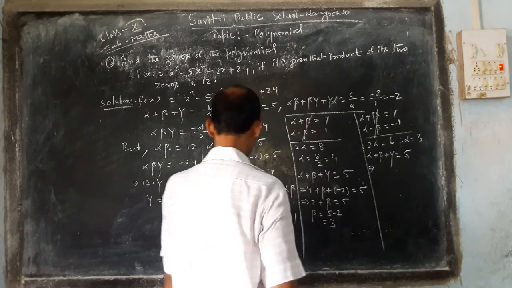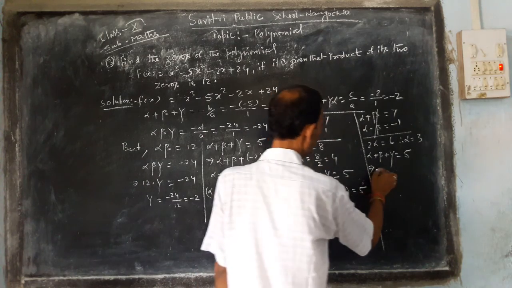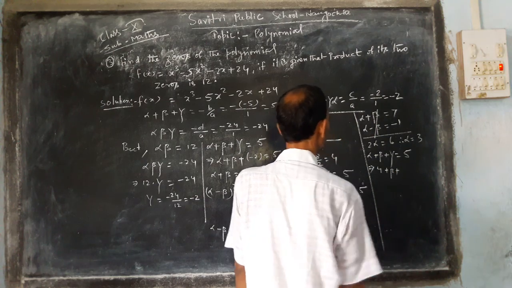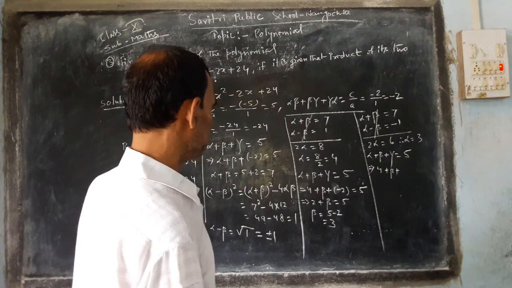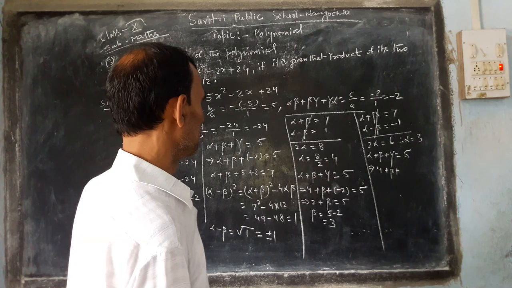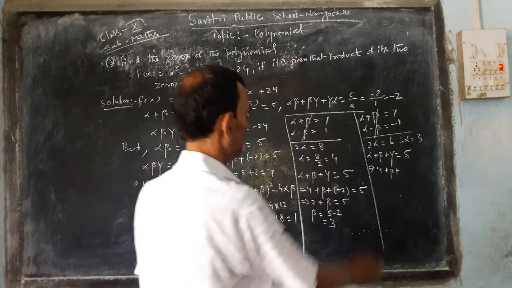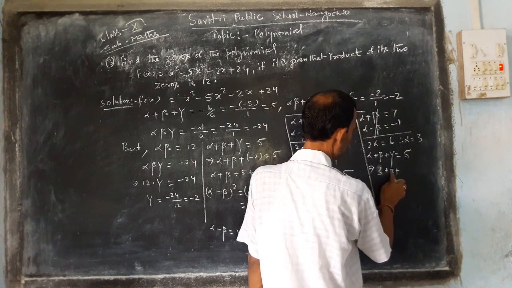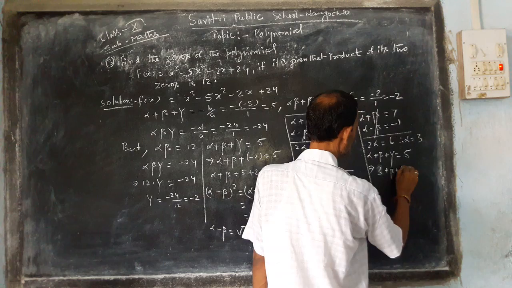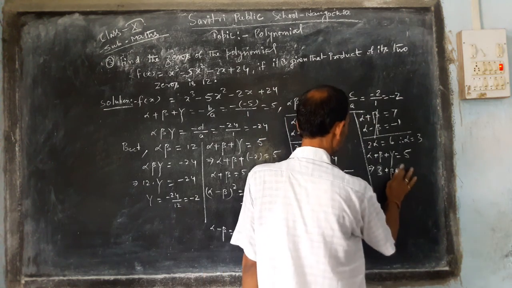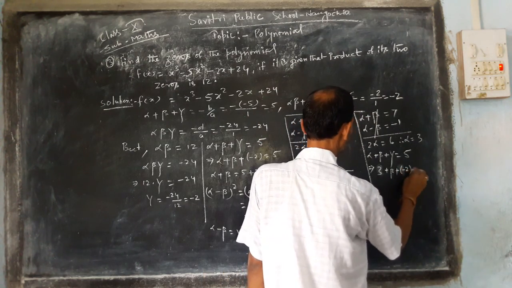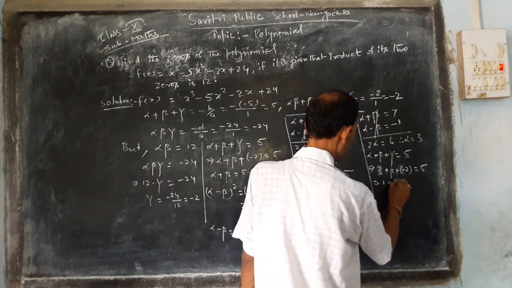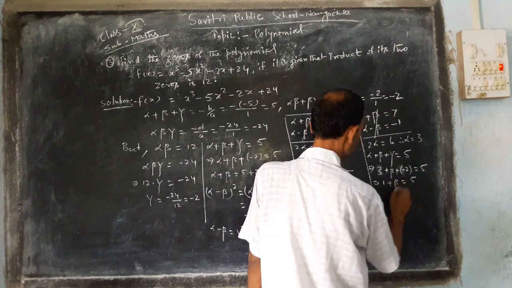The value of α is 3, plus β, plus the value of γ which is −2, equals 5.